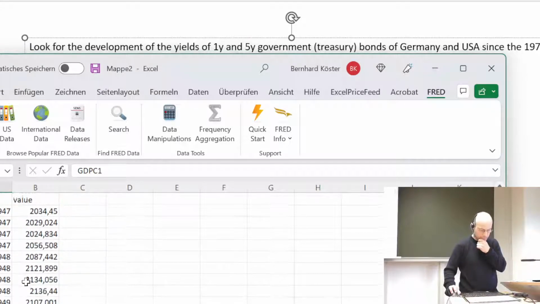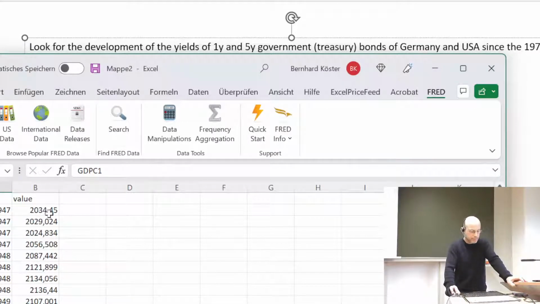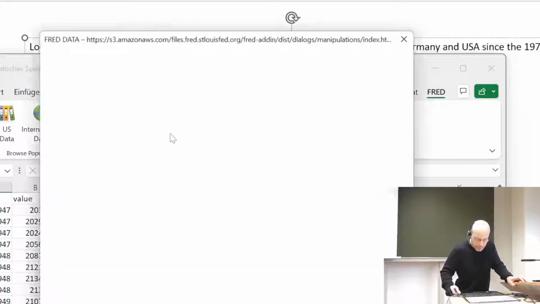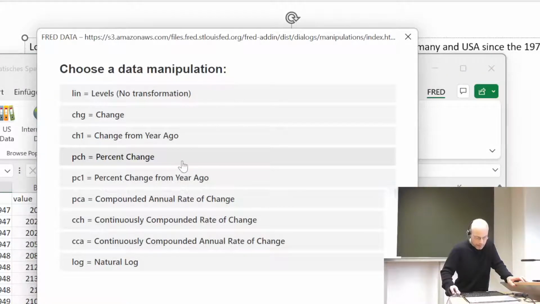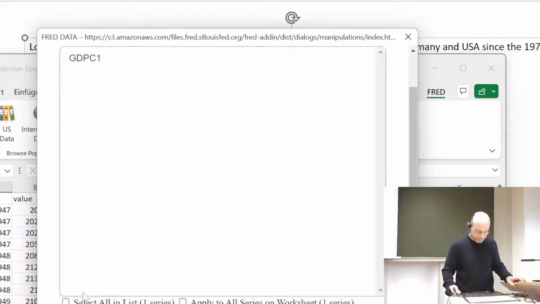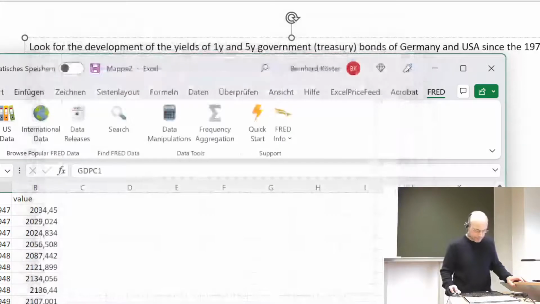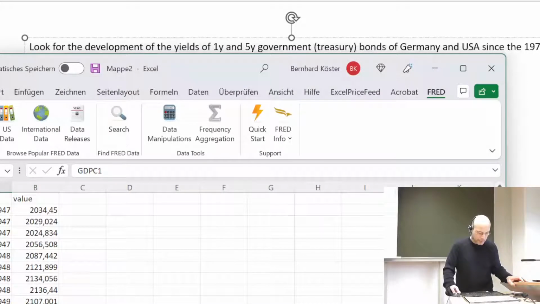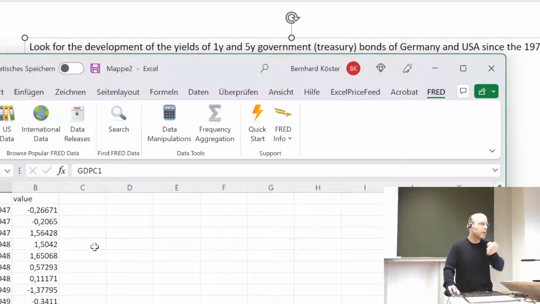And now we have from 1974 our growth rate, our GDP, and I think I can also do data manipulation, percentage change. Get the data, and then we have already what we want to look at.